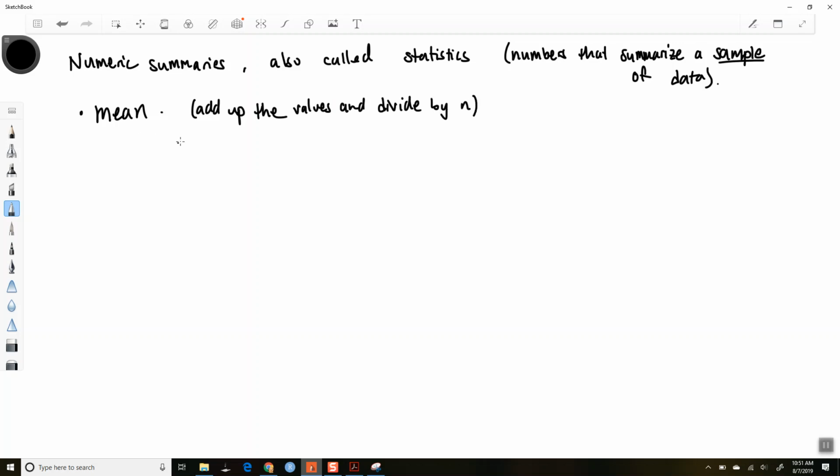Or symbolically, y bar is equal to the sum of y divided by n. Y bar is the symbol for the mean of a sample, or the sample mean.